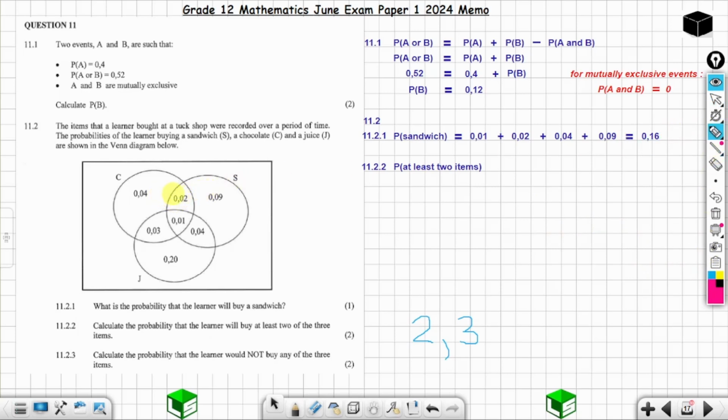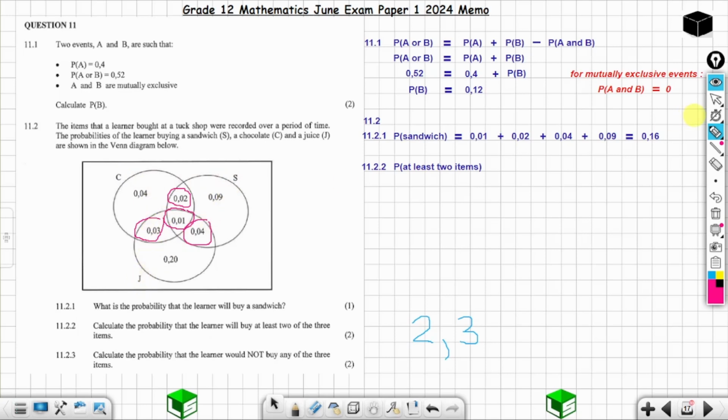So the probability of a learner buying at least 2 items: this is between C and S, chocolate and a sandwich, at least 2 items; and this is at least 2 items, chocolate and juice; and this is at least 2, a sandwich and juice; and this is 3 items, chocolate, a sandwich and juice.